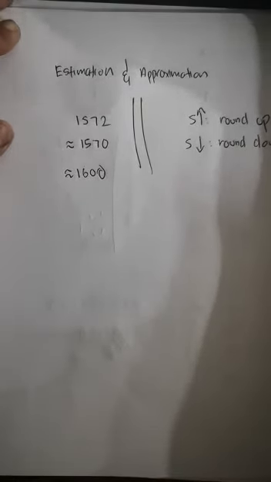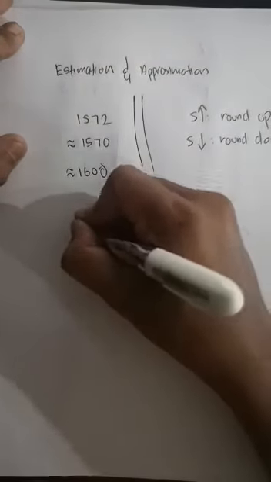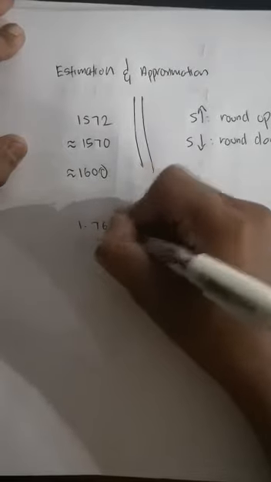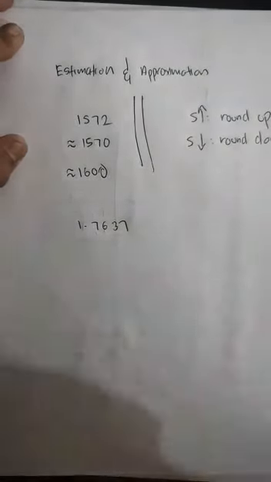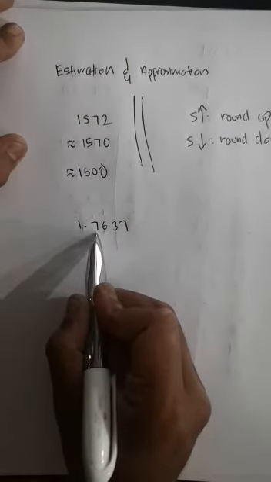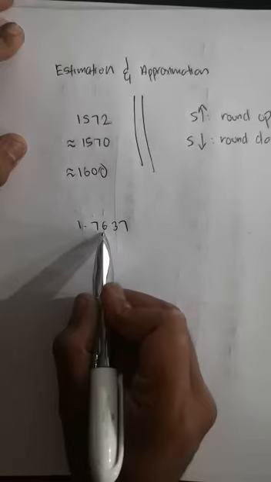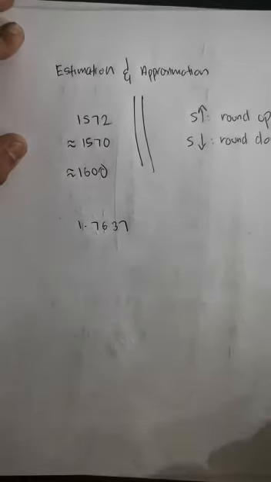The next thing that you need to know is when you are dealing with, let's say, a decimal number 1.7637. Okay, this is the first decimal place, second decimal place, third decimal place, fourth decimal place.